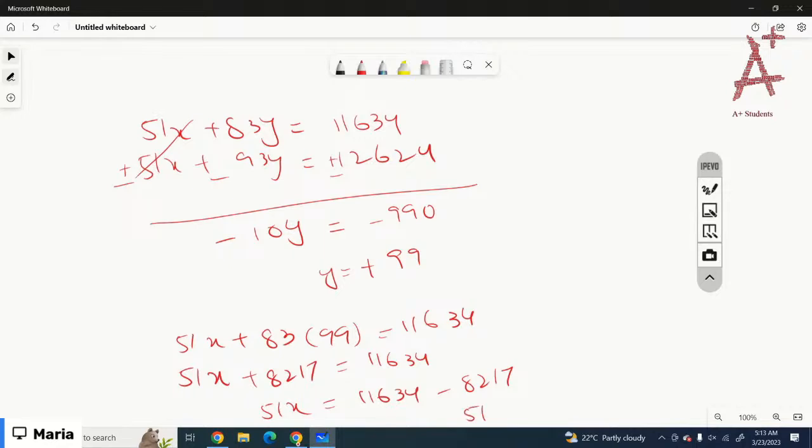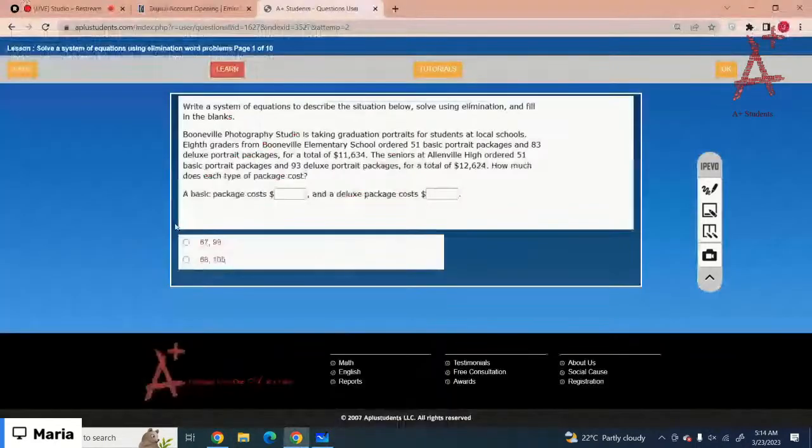It would be 51x equals 3,417. So just divide 3,417 by 51. That would be x equals 67. So it is 67 and 99. Got it? Option number 1 is the correct option.